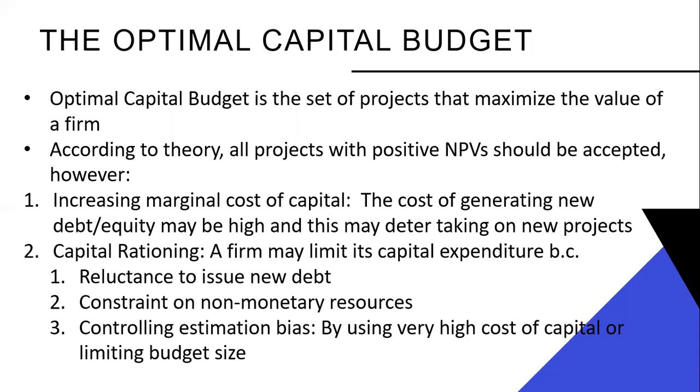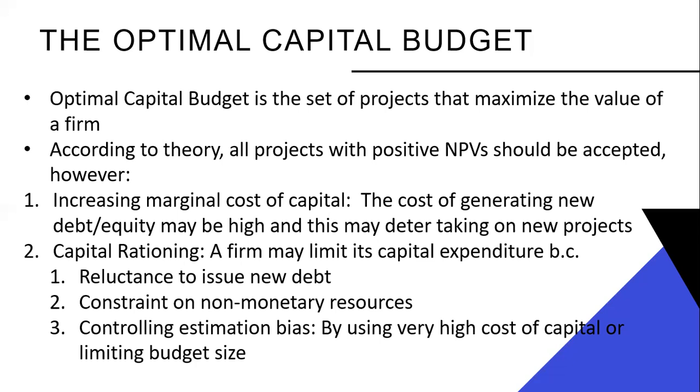There are a couple of reasons, two particular ones that I want to point out. The first one is increasing marginal cost of capital. If you go into the market and want to get extra money to fund these projects, the cost of capital may increase very quickly. So this may be a deterrent to taking on new projects. Also, there is something companies do which is called capital rationing.